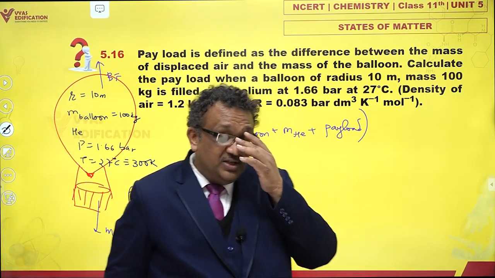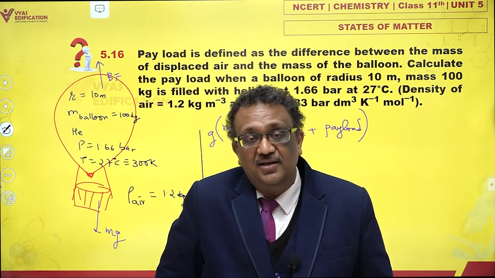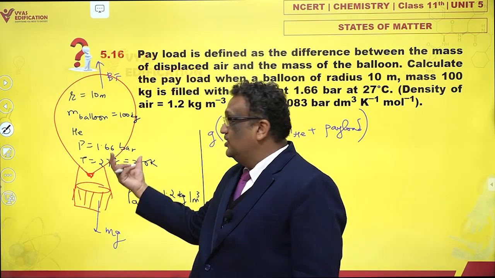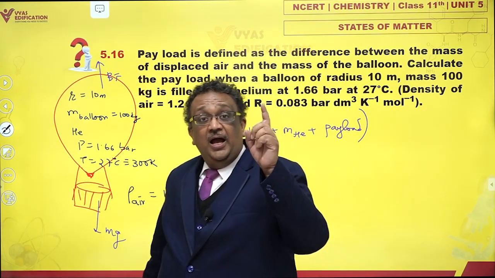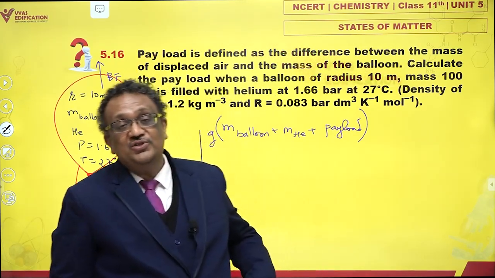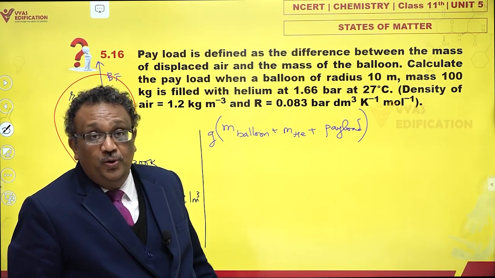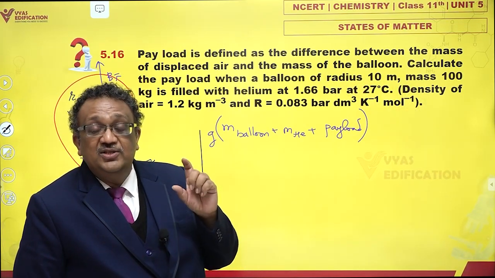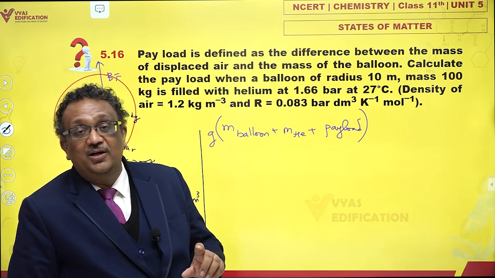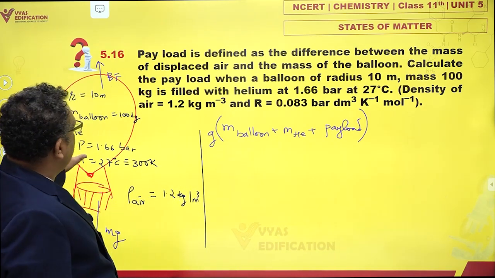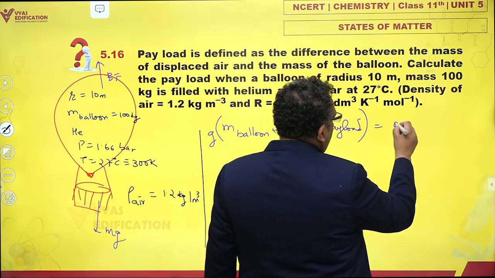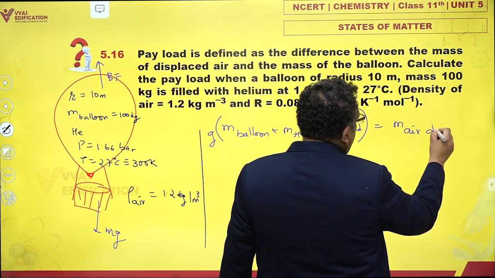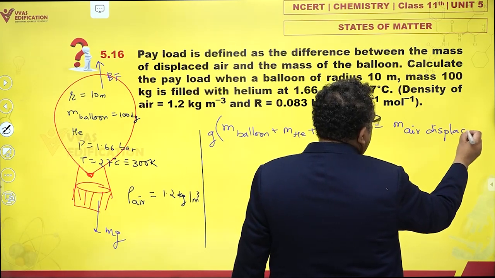I recall Archimedes' principle. It says that whenever a substance is immersed in a fluid completely or partially, it experiences an upward force, and the magnitude of force is equal to what? It is equal to the mass of fluid displaced by the immersed part of the body. So this is equal to mass of air displaced.